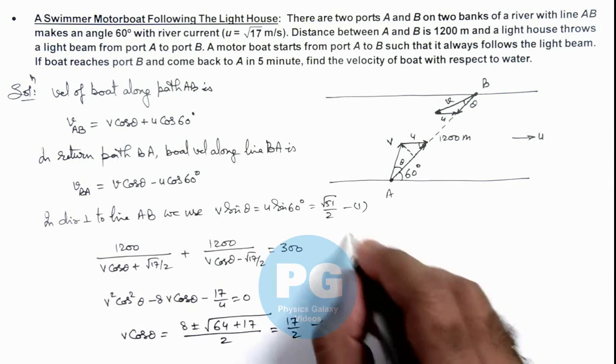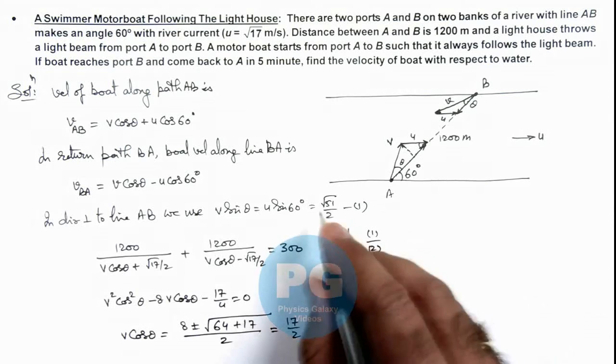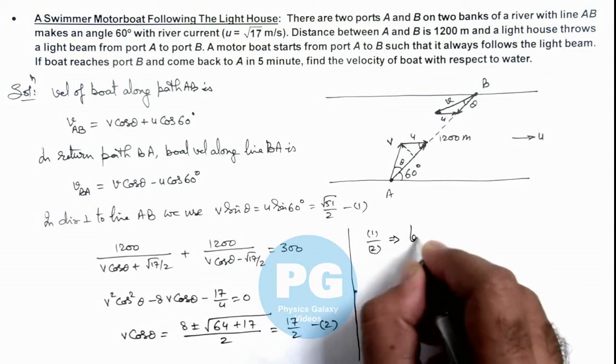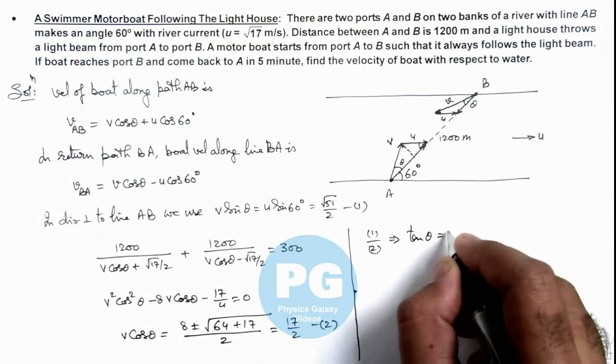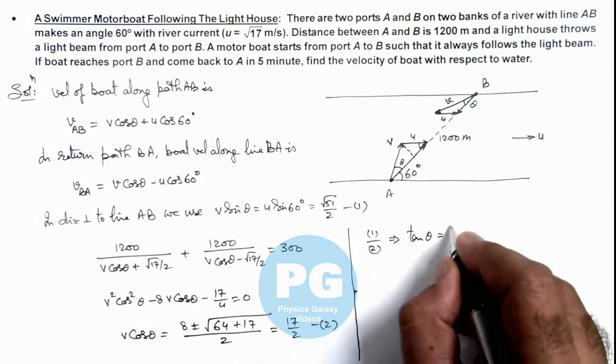Then if we continue, if we divide these two equations, this gives the value of tan theta, which is root 51 by root 17, that is root of 3.